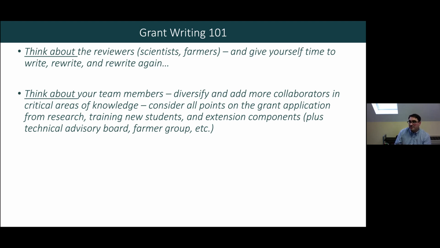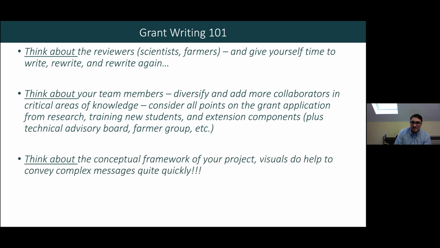In many other grants, we will have an industry component, or a technical advisory board, people who will provide guidance and feedback along the way so you can make adjustments in year 1 or year 2, and also maybe farmer groups who will provide feedback on that application.